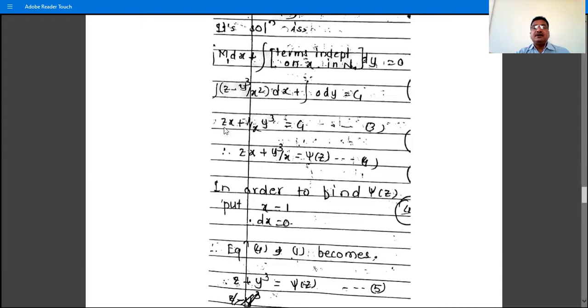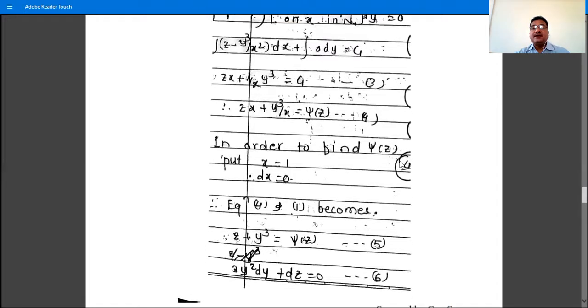So its integration is zx, y cube is constant, and the integration of minus 1 by x square is plus 1 by x. So we have zx plus y cube by x is equal to psi z, suppose we leave a constant psi z. This is equation number 4.